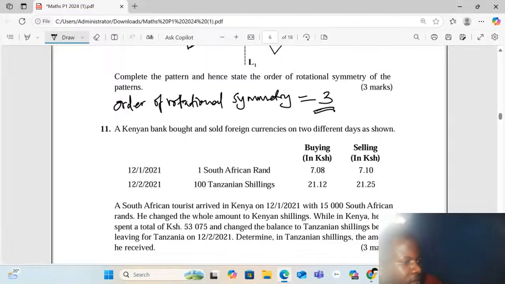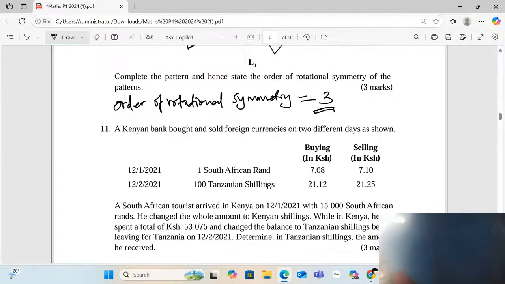On the 12th of January 2021, 1 South African rand was being bought at 7.08 Kenyan shillings and being sold at 7.10 shillings, that is 7 shillings and 10 cents. Then on the 12th of February, the same year, Kenyan shillings were being bought at 21.12 and sold at 21.25.